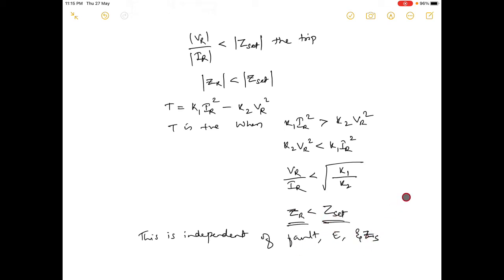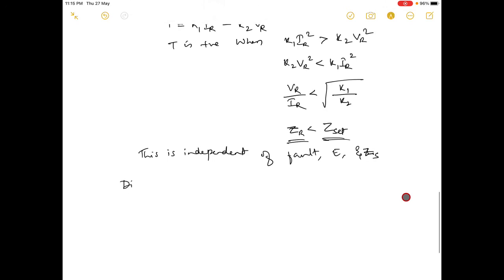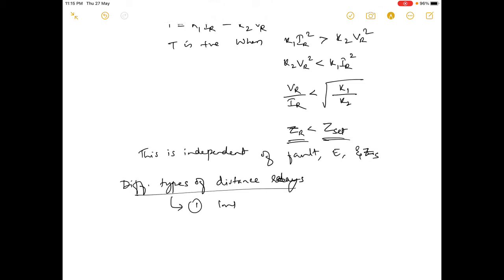Actually, we have different types of distance relay. So we have the impedance relay, we have the reactance relay.